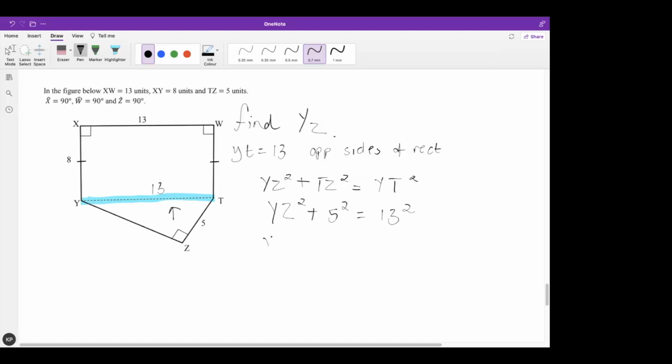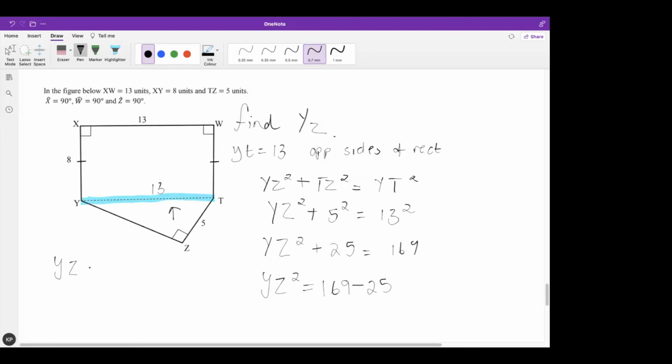And then, ma'am, we're gonna say 5 squared is 25 plus 13 squared is 169. Equals to 169. Okay, minus 5.